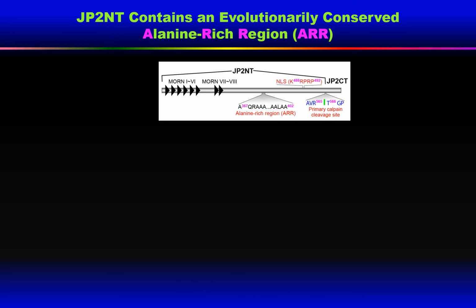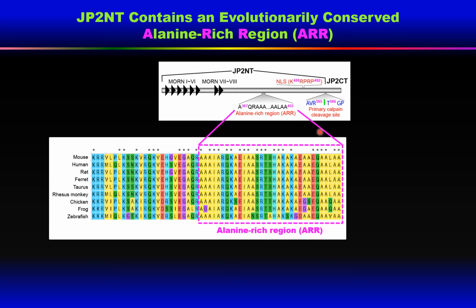Further in silico analysis identified an alanine-rich region in the alpha helix domain from alanine 367 to alanine 402, and this alanine-rich region is highly conserved among many species from mouse, human, rat, ferret to zebrafish.